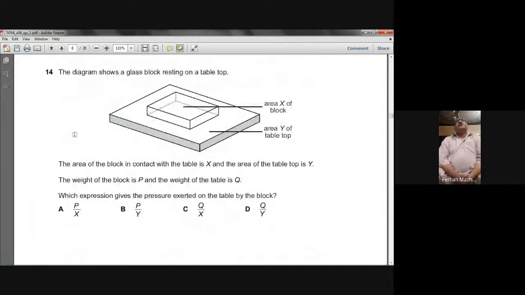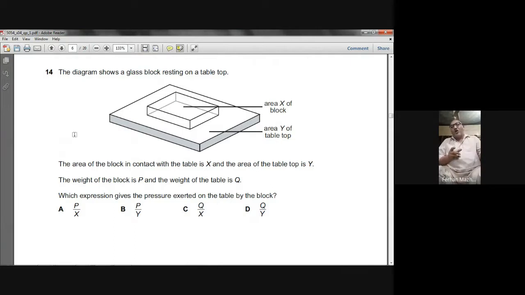The diagram shows a glass block resting on a tabletop. The area of the block in contact with the table is X, and the area of the tabletop is Y. The weight of the block is P, and the weight of the table is Q. Which expression gives the pressure exerted on the table by the block?